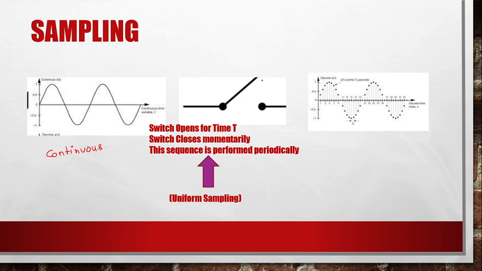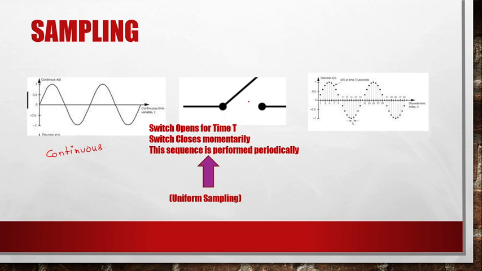So if I perform the making and breaking operation, that is, one time I am closing the switch and after a certain moment I am opening the switch, and I am doing this action periodically, making and breaking, then what is going to happen?